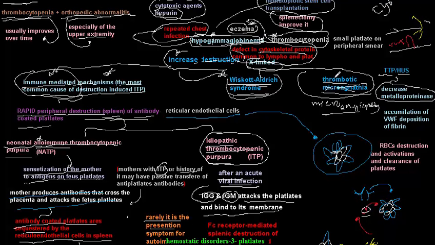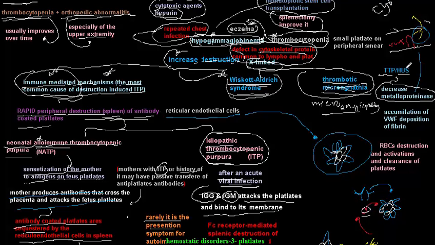What happens in thrombotic microangiopathy like thrombotic thrombocytopenic purpura or hemolytic uremic syndrome is that something wrong is happening with this protein, the metalloproteinase.